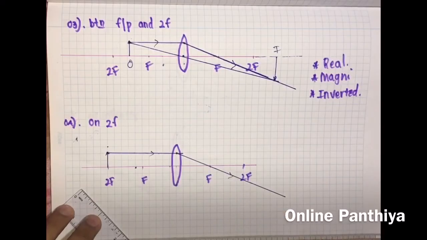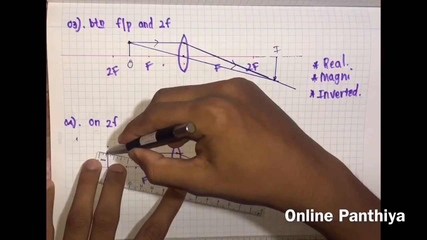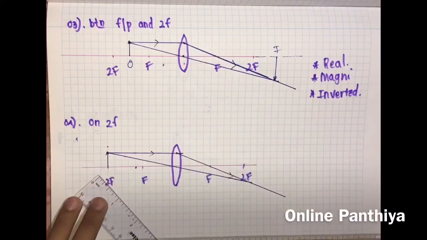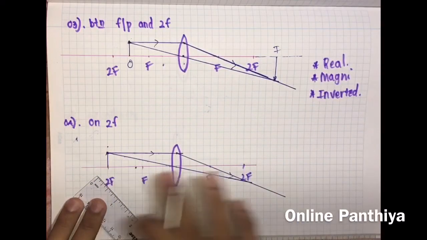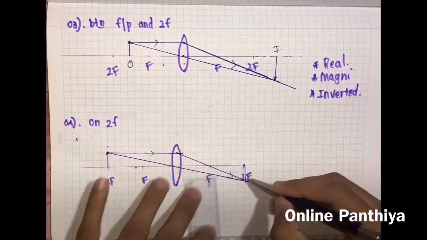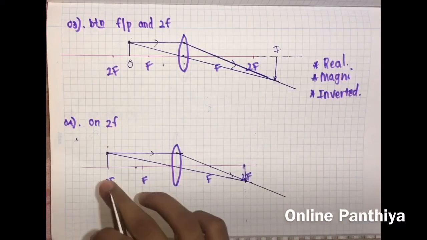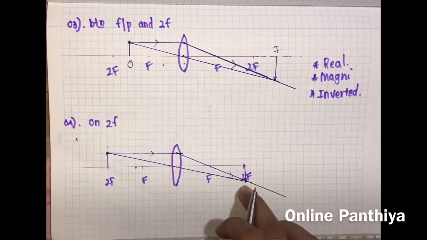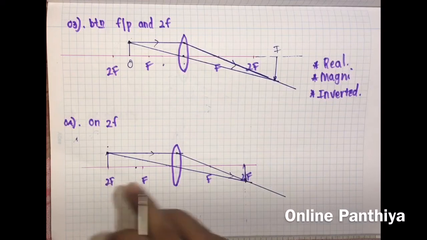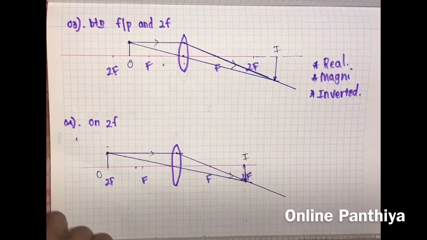Next, the ray which goes through the optical center will go through the same point, and see where the image is formed. If you draw a proper diagram, if you keep the object at 2F, the image also will be formed at 2F on the other side.